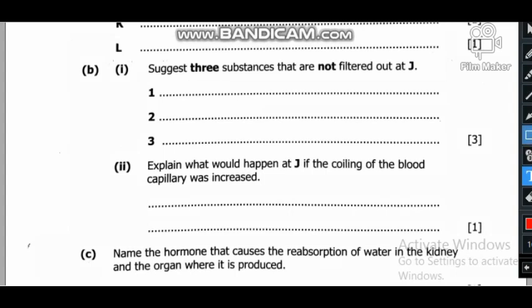It's very important that we understand these processes and know which substances are not going to be filtered. Like I've said, red blood cells are too big, they are not going to be filtered. Then also we have white blood cells, they are also not going to be filtered.